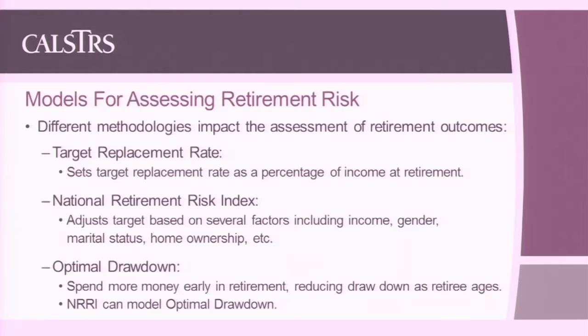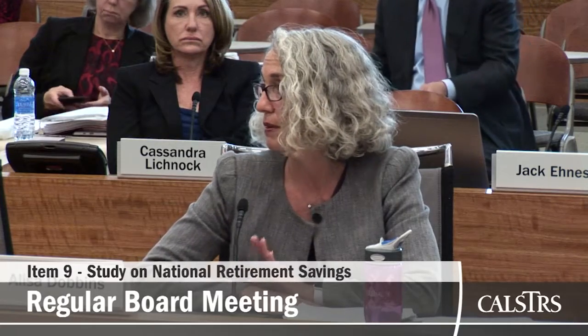Optimal drawdown is the least stringent methodology, and it produces the least gloomy outlook for people in their retirement years. When that drawdown is applied, it produces the lowest percentage of people who are deemed at risk. It does so by assuming that people will consume less as they progress through their retirement years.